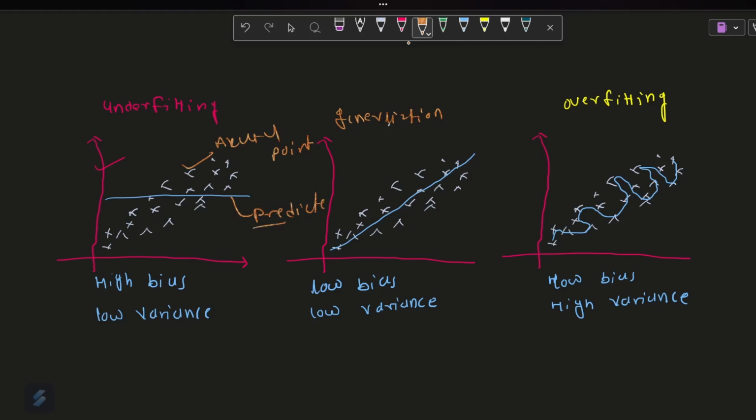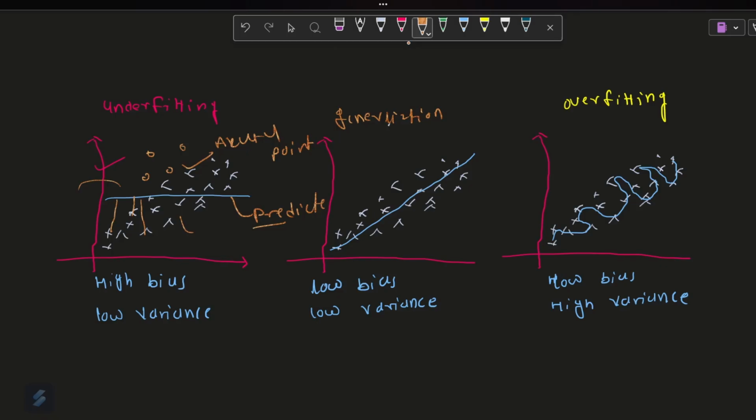You will see in this graph, this is underfitting. Underfitting means the error in the training data set is too high, and when a new point comes, the predicted line does not capture the actual data points. So it's an underfitting condition.